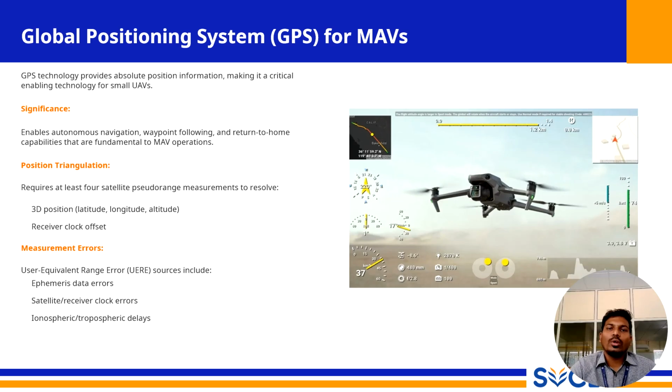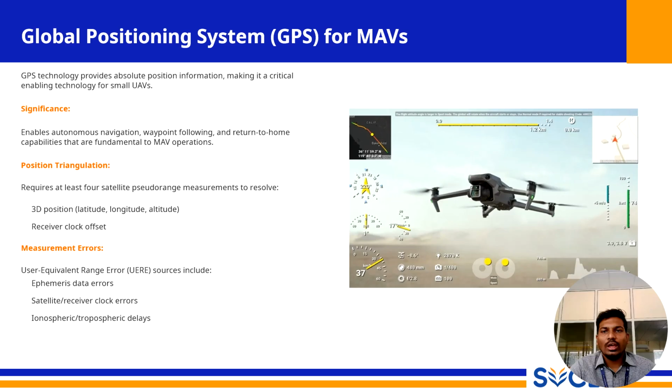The core principle behind GPS is a process called positional triangulation. A constellation of satellites orbiting the Earth is constantly broadcasting precise timing signals. The GPS receiver in the MAV listens for these signals and measures the time it takes for them to arrive.